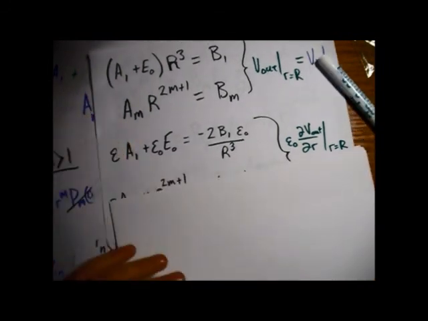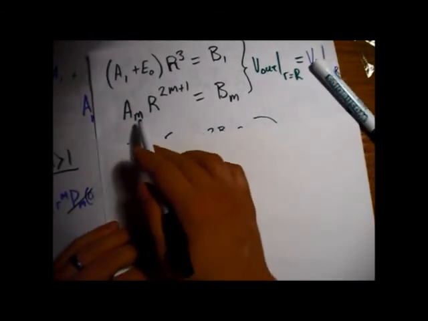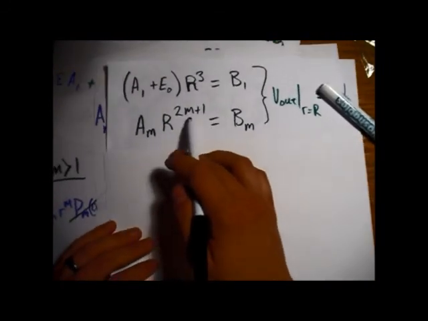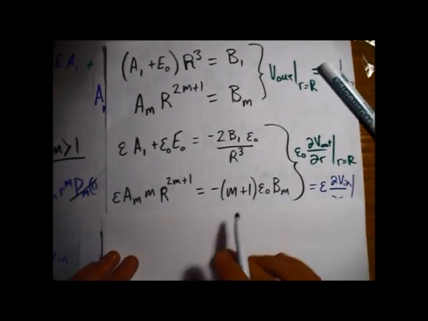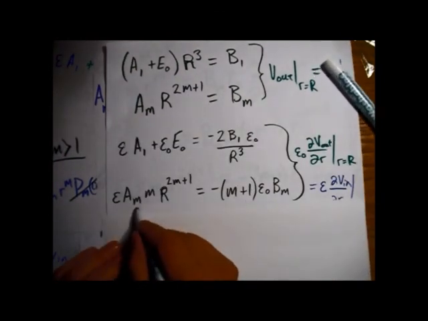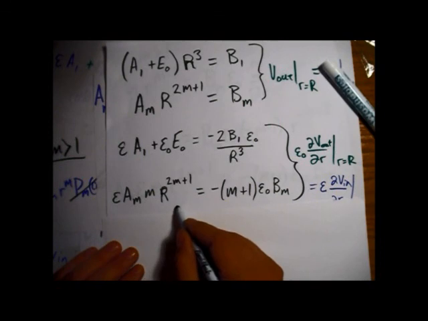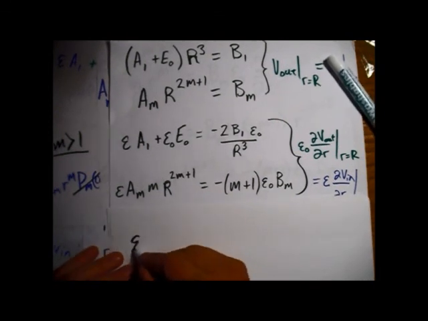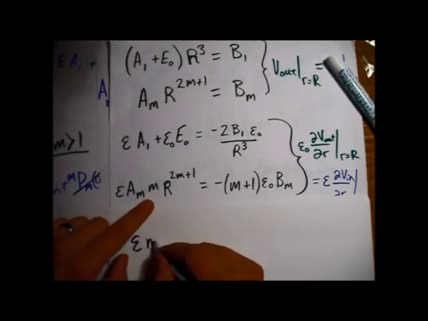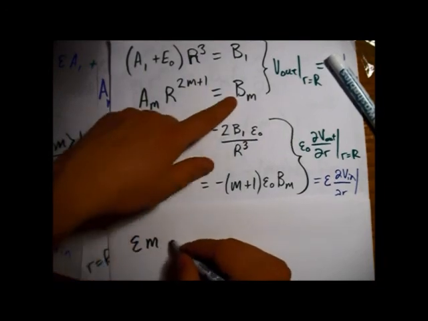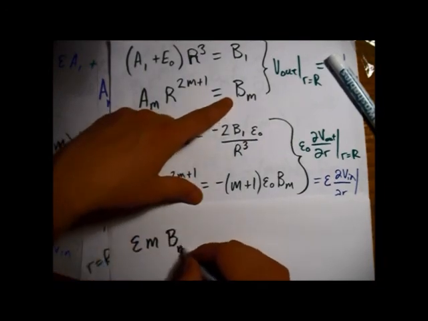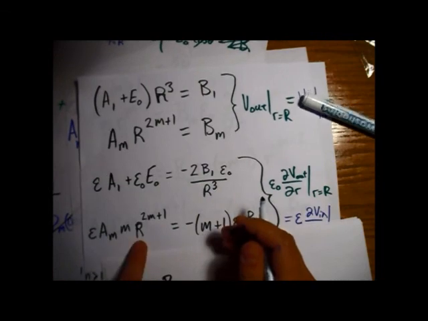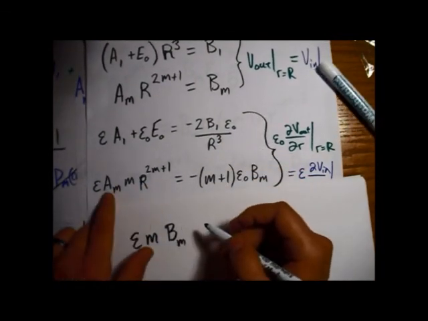So what we have, this a sub m r to the 2m plus 1 equals b sub m. Look right here. Here's an a sub m, and here's an r to the 2m plus 1. So that means I can write this epsilon, this m, and then I can just write a b sub m. From here, I'm plugging that into here instead of this stuff.